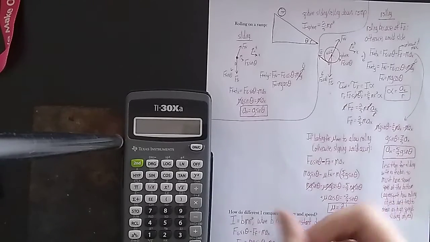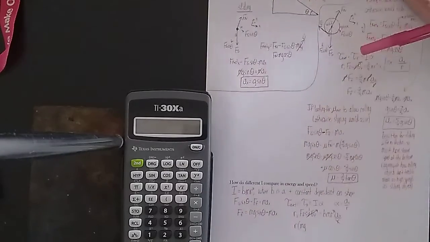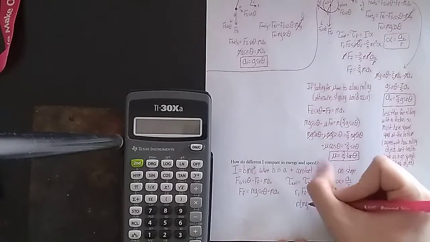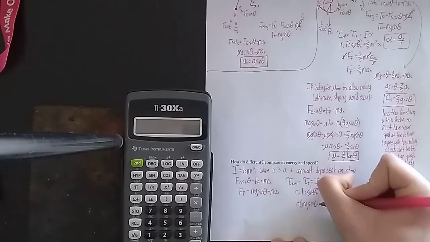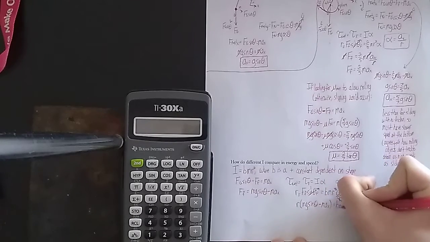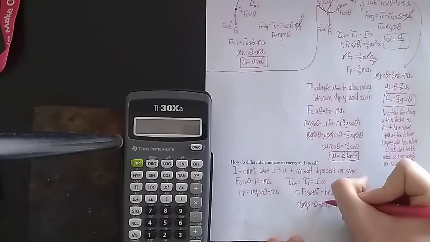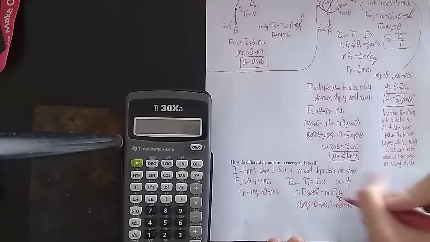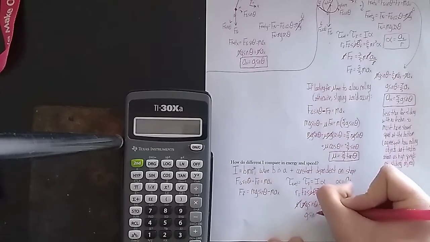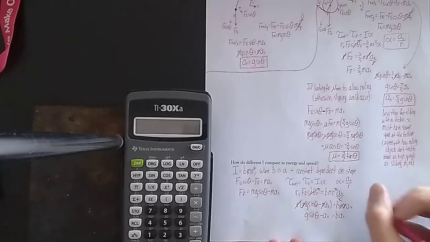I now have r times the force of friction, which is mg sine theta minus max, equals b m r ax. I have m in every single term, so I'm going to cancel that out. And I have an r on both sides in every term. Those are going to cancel. I'm left with this: g sine theta minus ax equals b times ax.